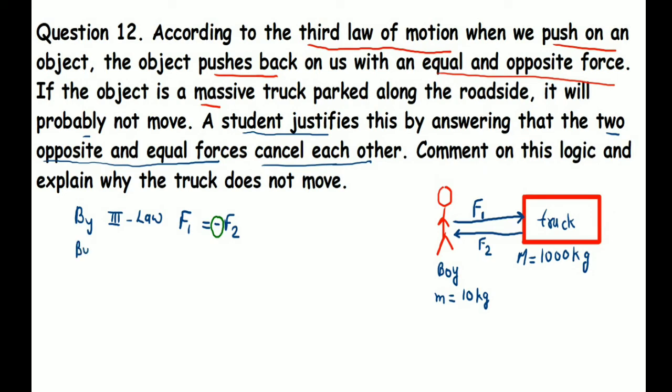Now, what is the actual meaning of the third law? If we apply the second law over here, we know the magnitude of force is equal to mass and acceleration.